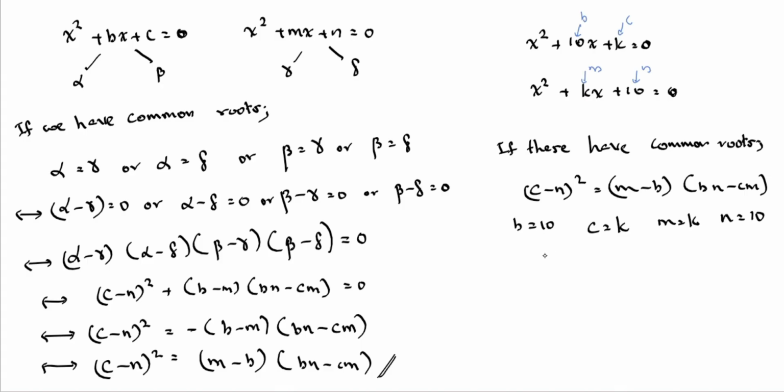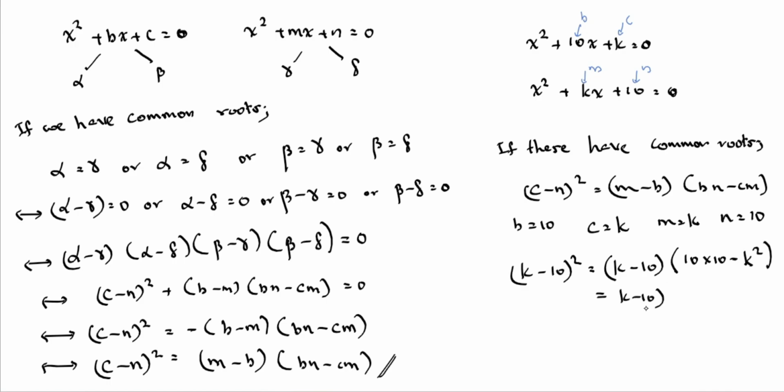So c minus n is k minus 10, squared, equals m minus b, which is k minus 10, times bn minus cm: bn is 10 times 10, minus c times m, which is k squared.